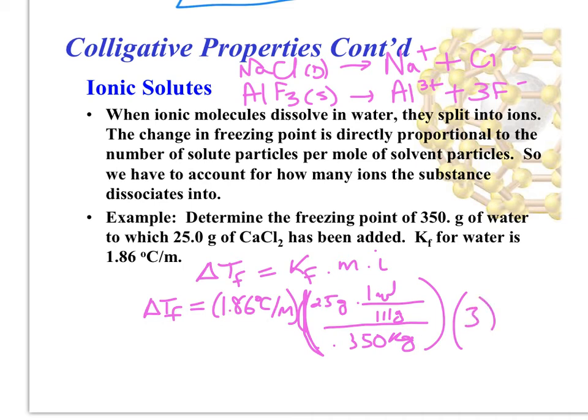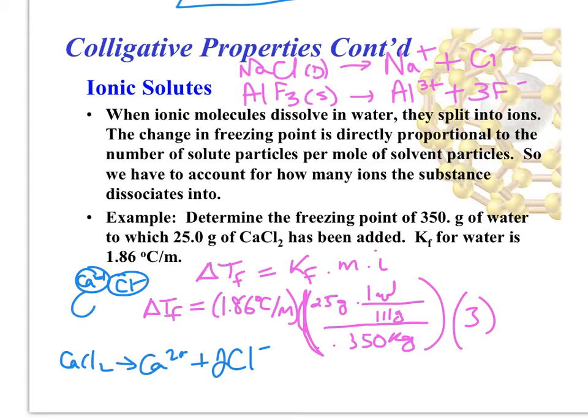And the reason why it's 3 is because CaCl2, when it dissociates, you get a calcium ion, a 2 plus, and then 2 Cl minuses. Or if you want to draw a particle diagram, maybe that helps. You get a Ca2 plus, and then a Cl minus, another Cl minus. So when you dissociate that, those 3 physically separate, so you have 3 particles.